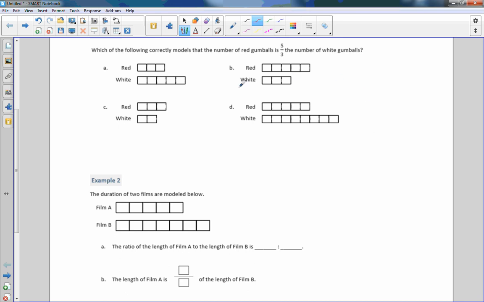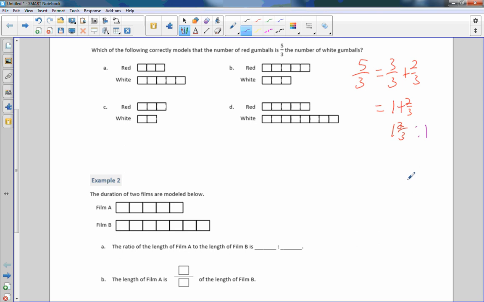Okay, so now that you've tried this, red gumballs is 5/3 the number of white gumballs. 5/3 is the same as saying 3/3 plus 2/3, which is the same thing as saying 1 and 2/3. So that means there are 1 and 2/3 red gumballs for every white gumball.